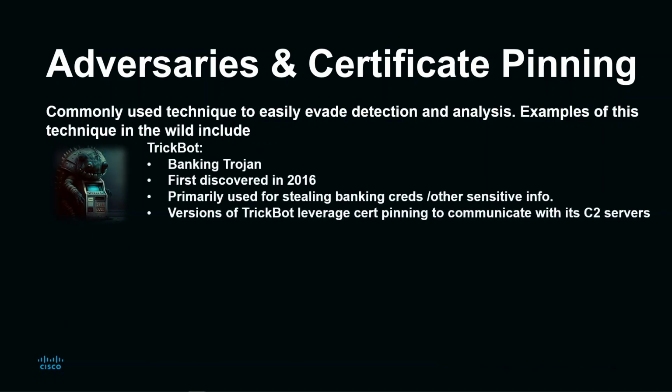Now, a couple more examples. TrickBot, again, another banking Trojan, been around for a long time, since 2016. And this just shows that a lot of the defensive capabilities that we leverage are easily evaded. That's why this stuff sticks around so long, right? Blocking an IP or a URL or a domain, those are lower level controls when you look at the pyramid of pain, right?